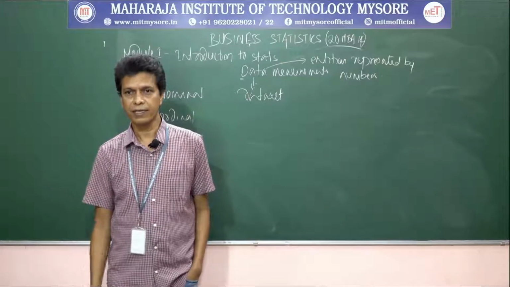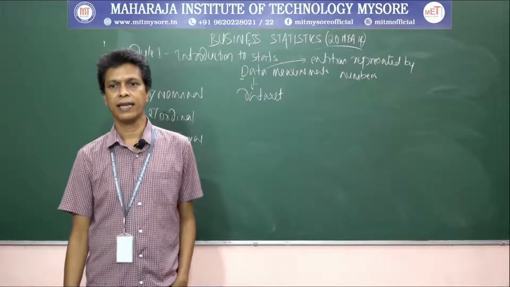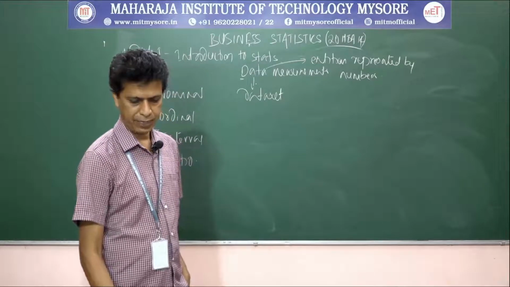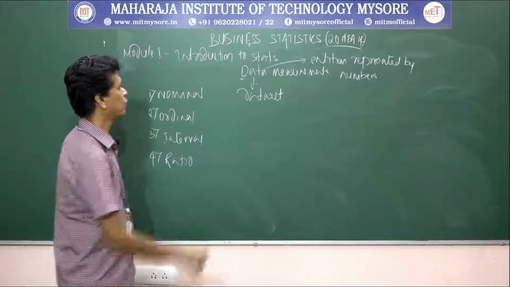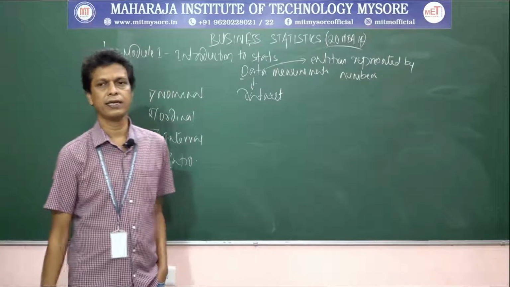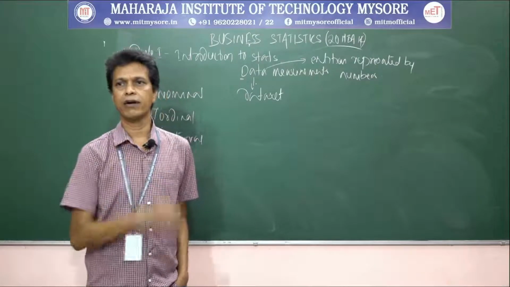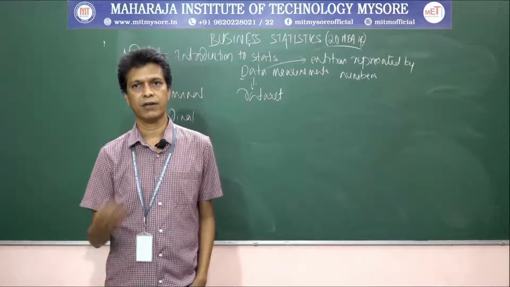For this reason, business researchers need to know the level of data measurement represented by the numbers being analyzed. What kind of numbers or data are we analyzing? That is very important. That is why we need to know the level of measurement. The appropriateness of any data analysis depends on the level of measurement.